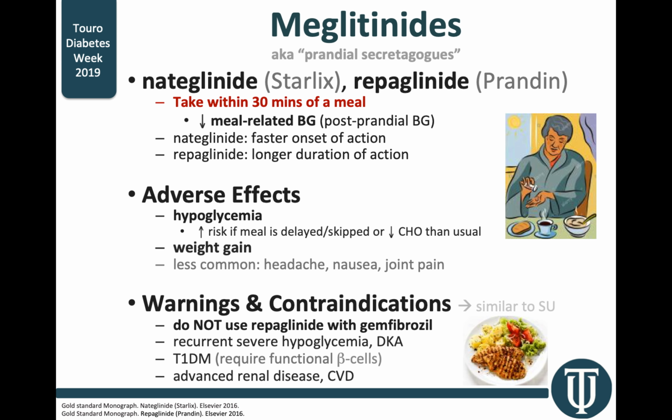The difference between the two is that nateglinide has a faster onset of action, and repaglinide has a longer duration of action. Similar to sulfonylurea, they do induce hypoglycemia and weight gain.